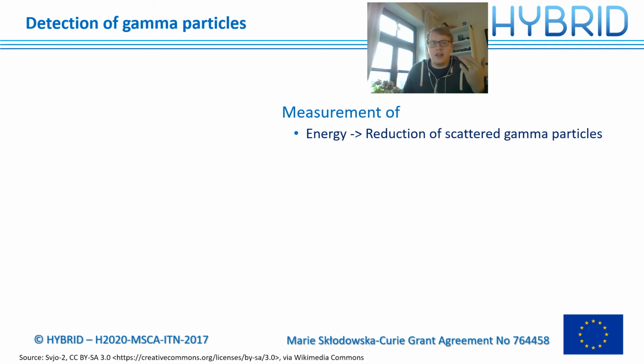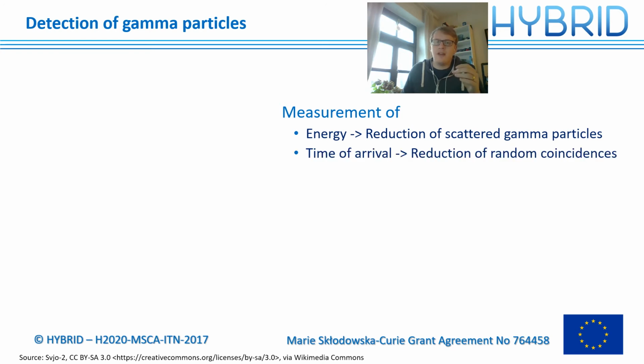If we measure the energy of our particles pretty precisely, we can reduce the amount of scattered gamma particles. And if we measure when exactly the gamma particle hit the detector, we can also reduce the amount of random coincidences. We can also use it for time of flight. I won't go into detail on this, but it basically gives you more knowledge than just the line of response.